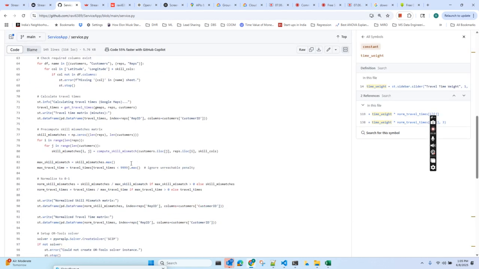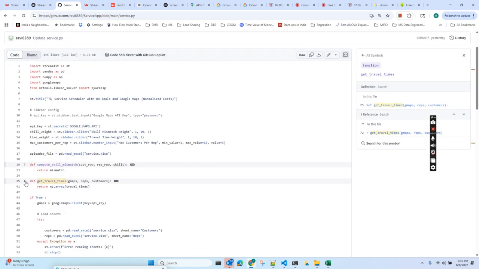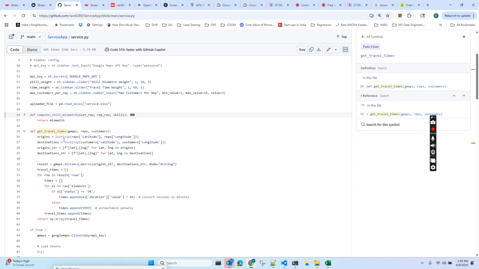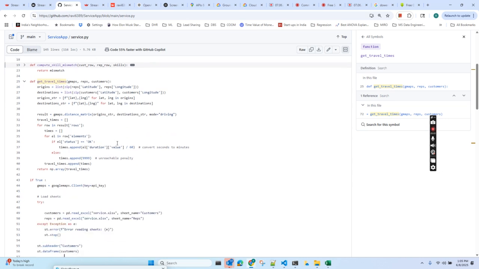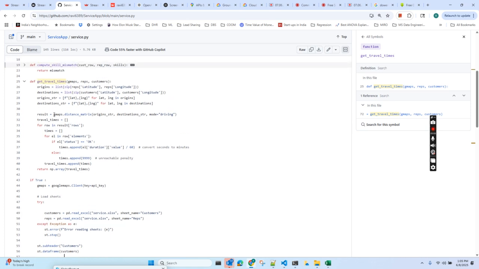And now what we are trying to do is find the travel time. This is what the function get travel times does, so let's look at it. This is the function which first of all zips the latitude and longitude, and then calls Google Maps distance matrix.